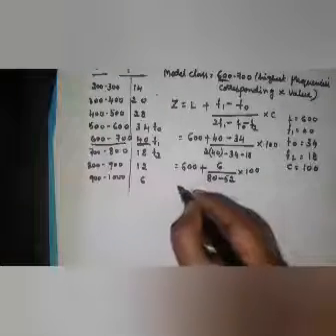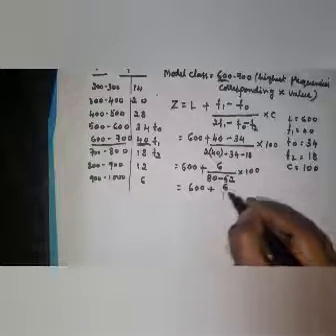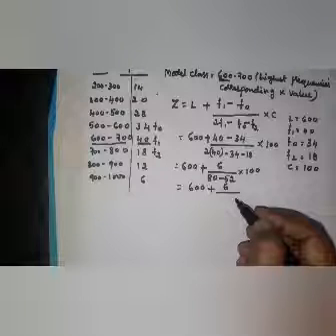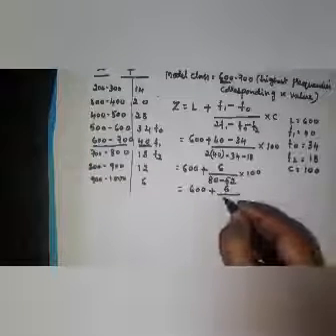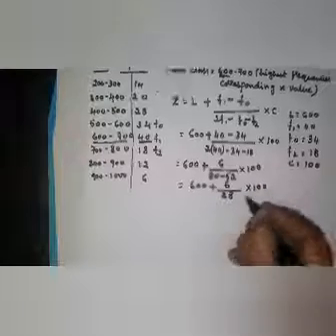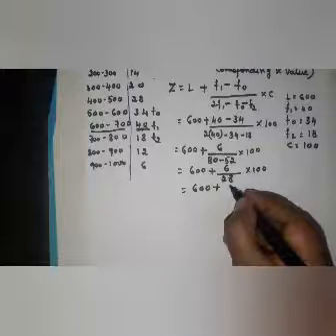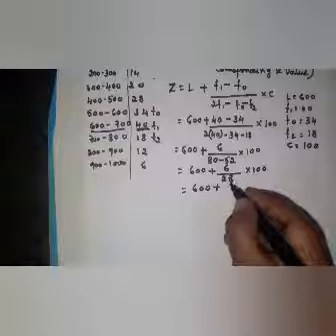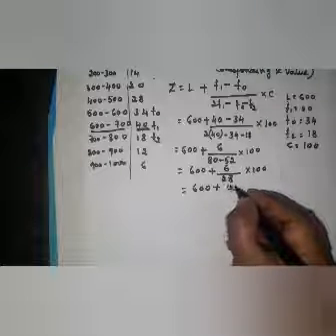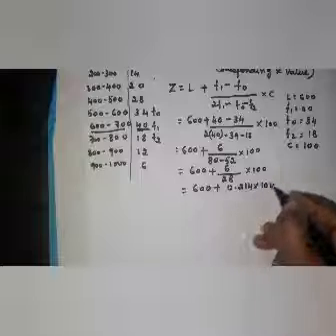That is equal to 600 plus 6 divided by 80 minus 52, that is 28, into 100. 600 plus 6 divided by 28, you just divide that, that is 0.214, into 100.